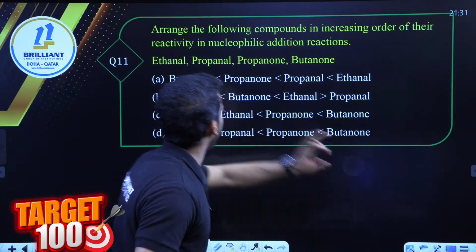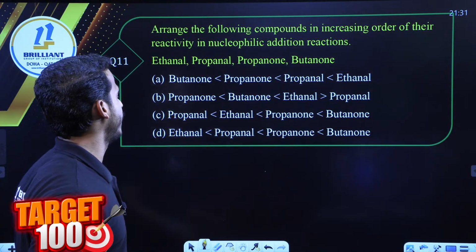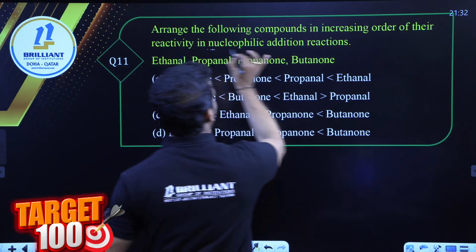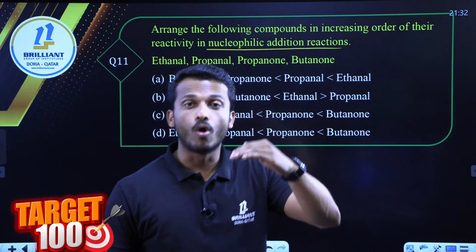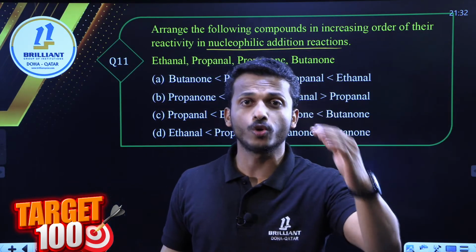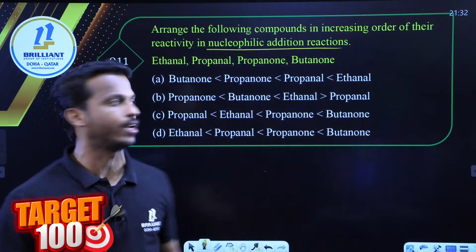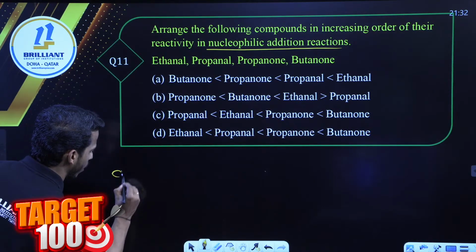Arrange the following compounds in the increasing order of their reactivity toward nucleophilic addition reaction. I already told you aldehydes are more reactive than ketones towards nucleophilic addition reaction. So the given compounds, let me draw, dear all.